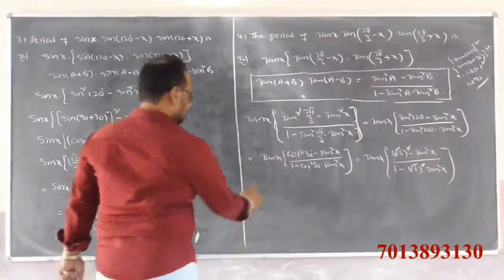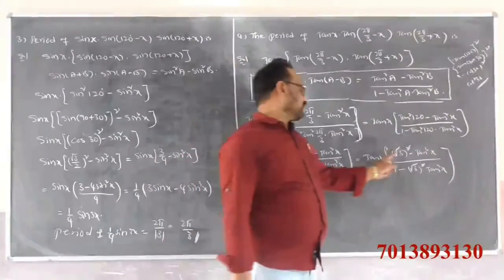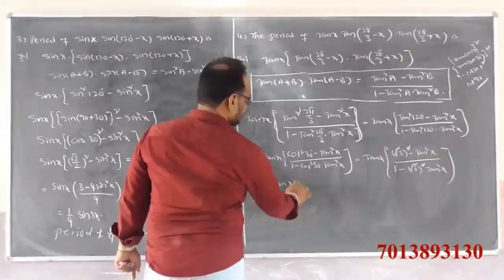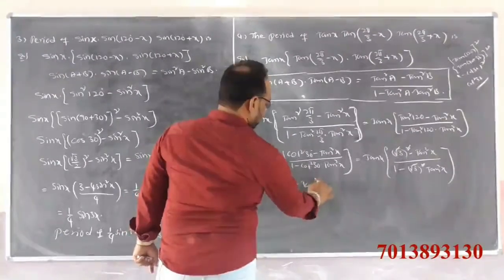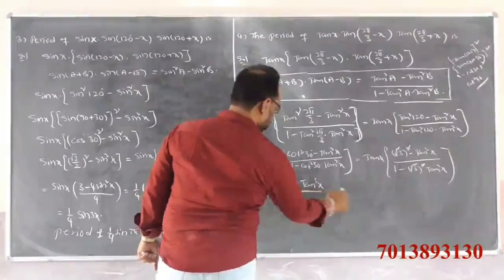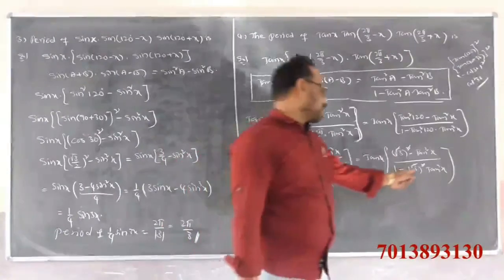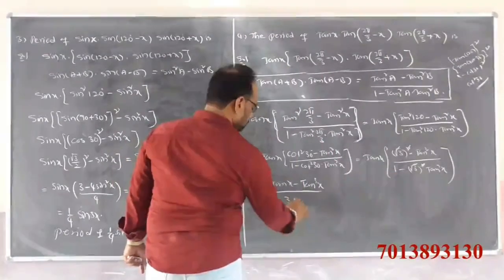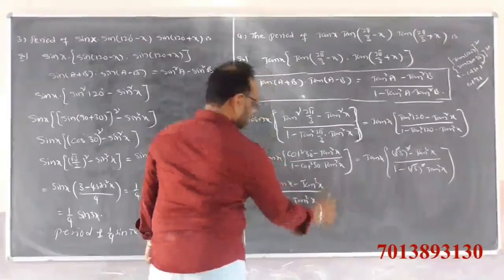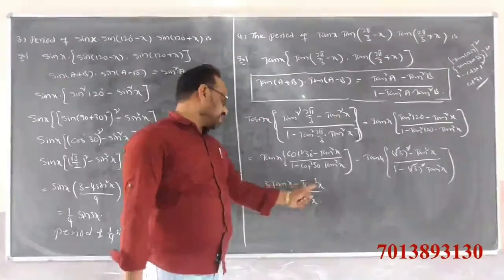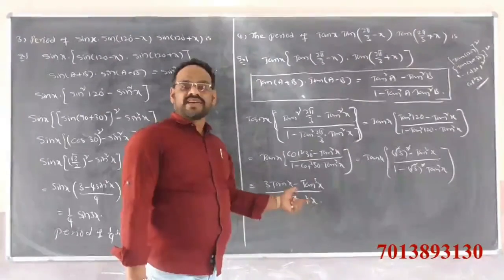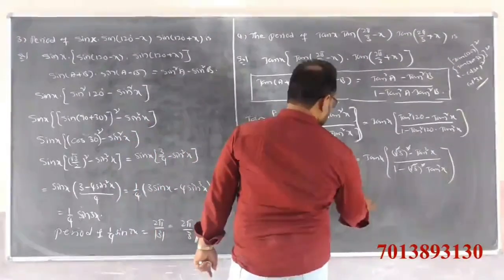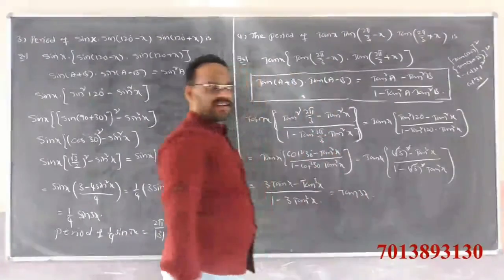That is equal to tan x into 3 tan x minus tan cube x by 1 minus 3 tan square x in the denominator. This is nothing but the tan 3x formula. So we get tan 3x.